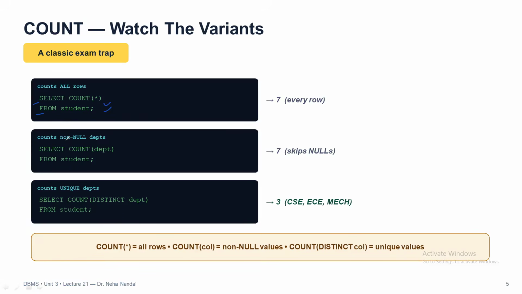Now, count non-null departments: select count department from student. It will skip the nulls. Then select count distinct department: different departments available are CSE, EC, and mechanical, so distinct will give three only. We will run them one by one and see the answers.